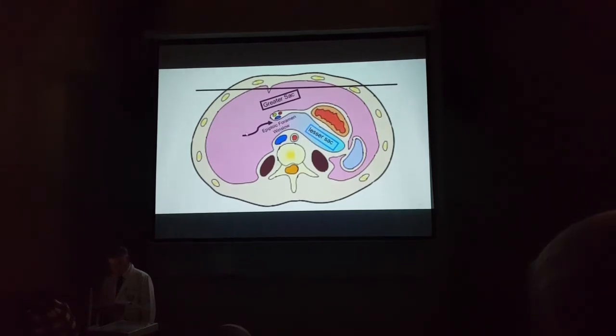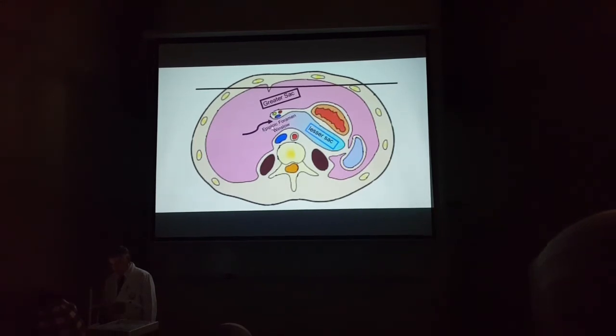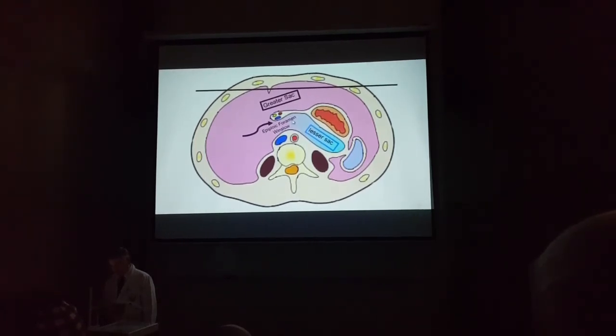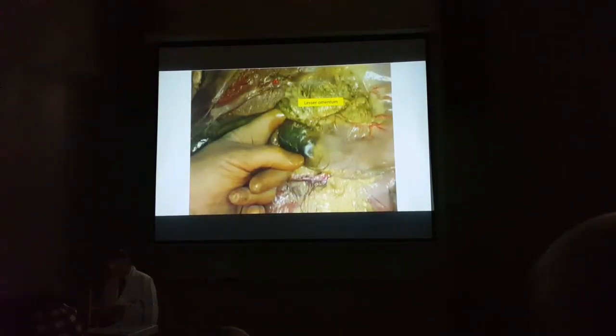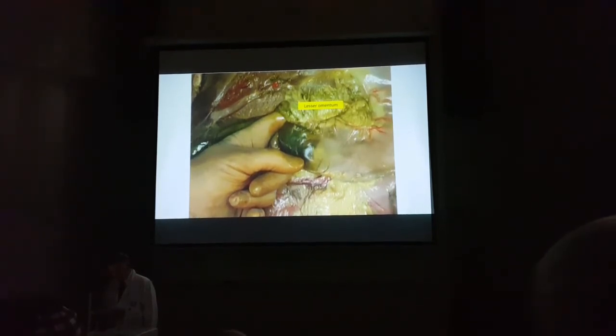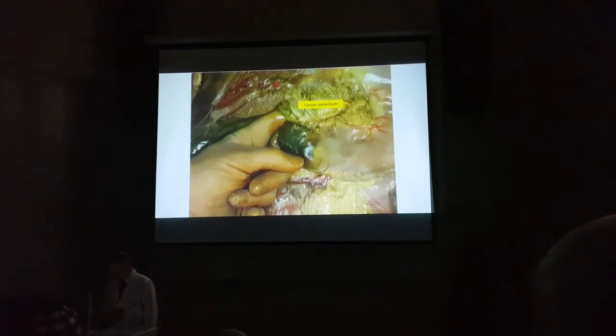And you can put your finger into this space. It's called the epiploic foramen of Winslow. Here is a person putting the finger in the foramen of Winslow going into the lesser sac.